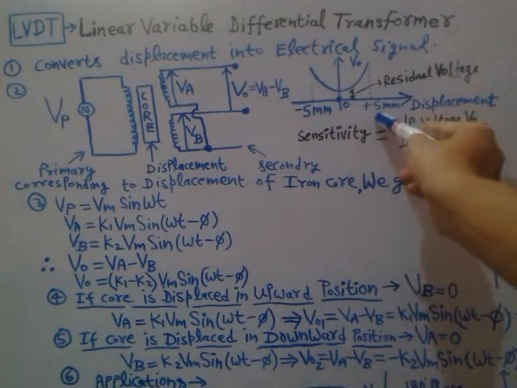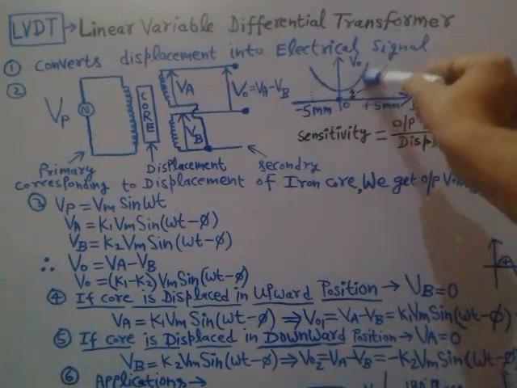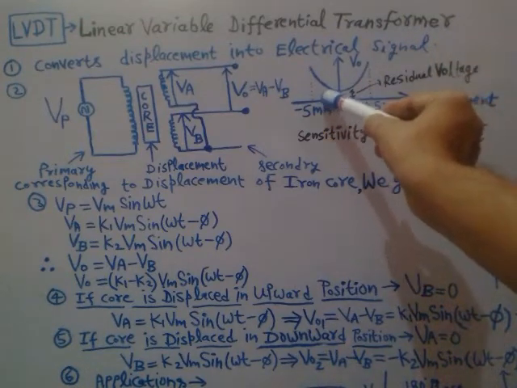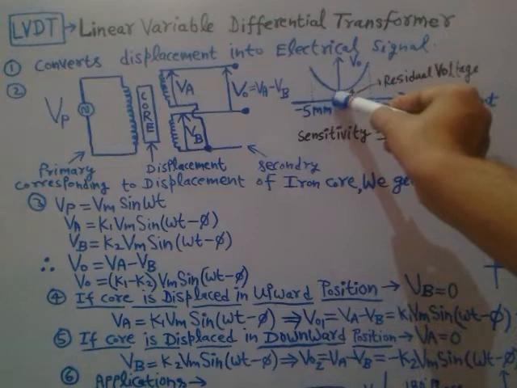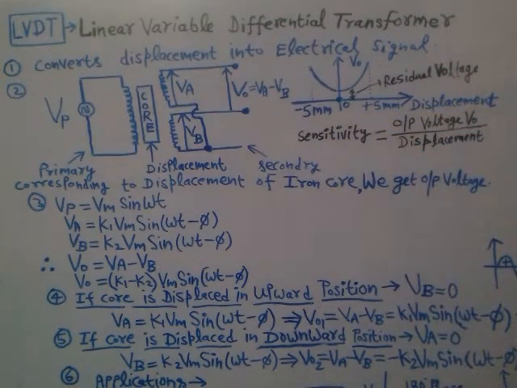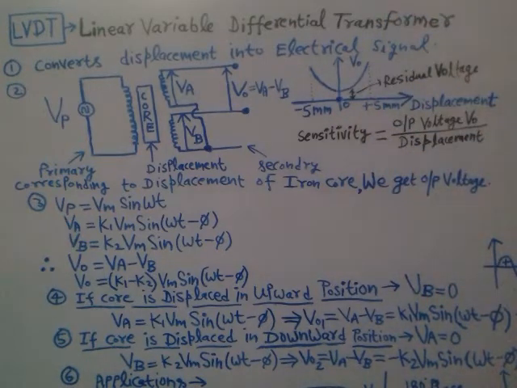Basically, this is the curve when you displace the core in one direction, and this is the curve you obtain when you displace the soft iron core in the opposite direction, right? That's how you get this kind of characteristic of the LVDT.